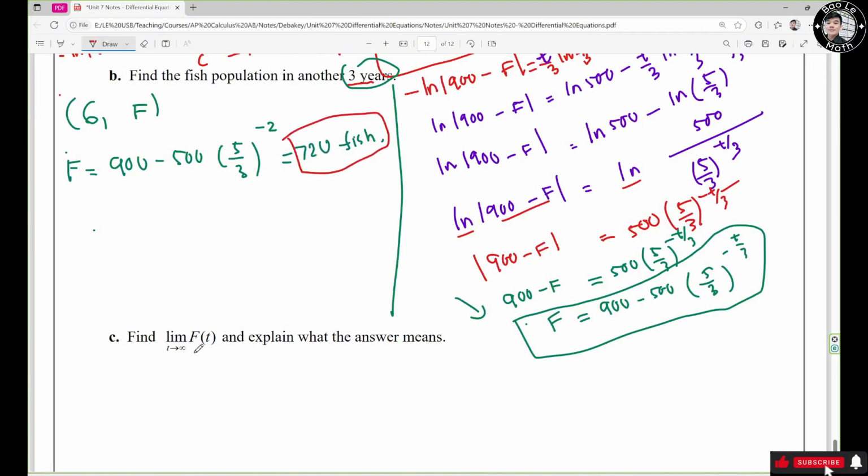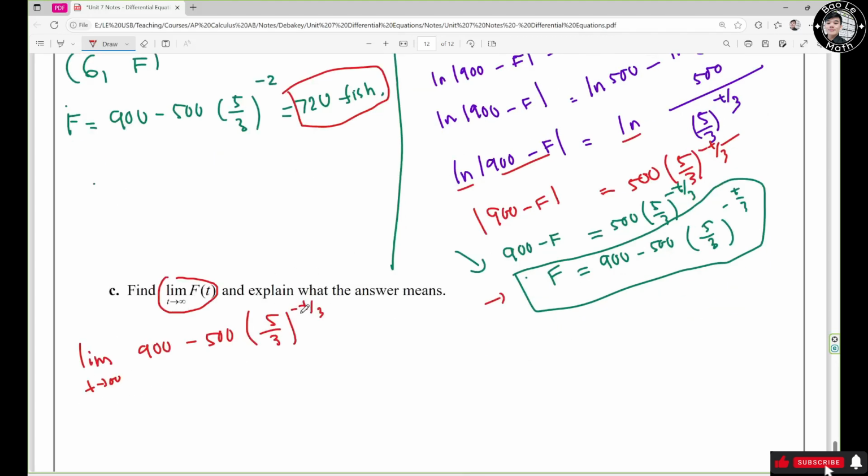Now let's move on to question C. Find the limit of f of t when t approaches infinity and explain what the answer means. Alright, so we have limit f of t is right here. Now we can convert this one to a positive exponent by rewriting it as limit of 900 minus 500 multiplied by, you just flip the fraction right here, 3 over 5, and then this becomes a positive exponent t over 3.